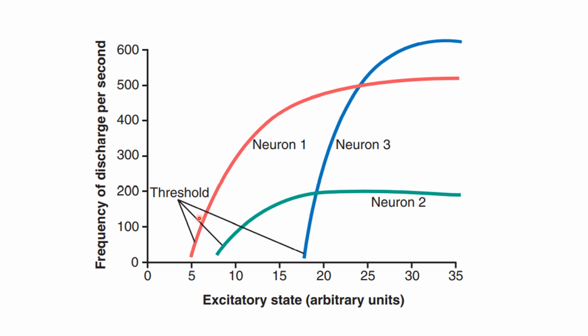For example, neuron 1 has the lowest threshold, so it can be activated easily and start firing action potentials. But its maximum frequency of discharge is lower than that of the blue neuron, neuron 3, which has the highest threshold. So there is almost no relationship between the excitatory state and the frequency of discharge. It's related to the function that the neuron is supposed to do.